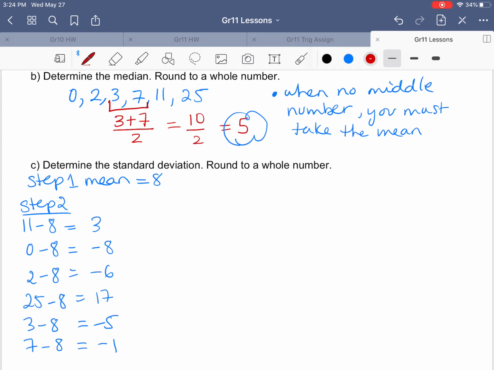Now step 3 is to square the result of step 2. What we mean by that is to give it an exponent of 2.